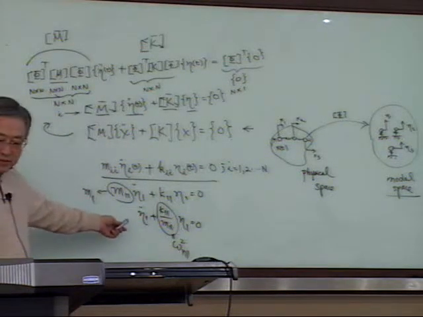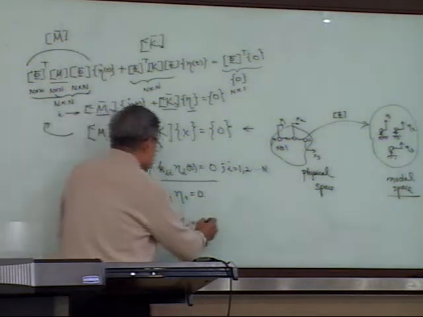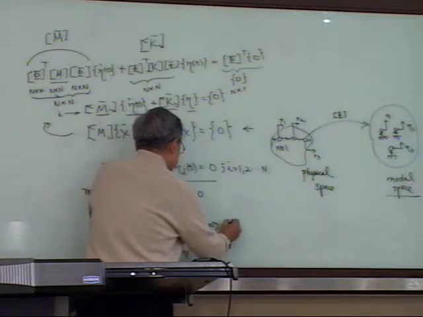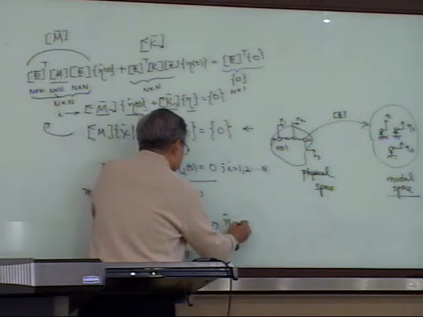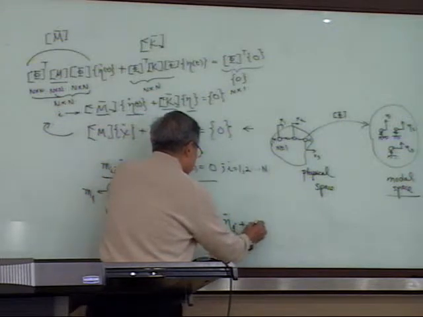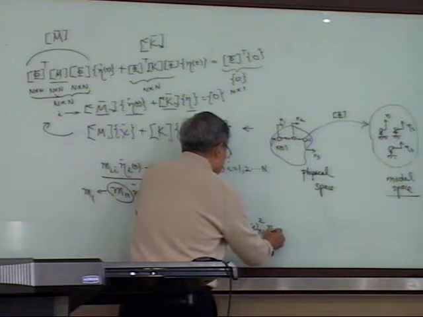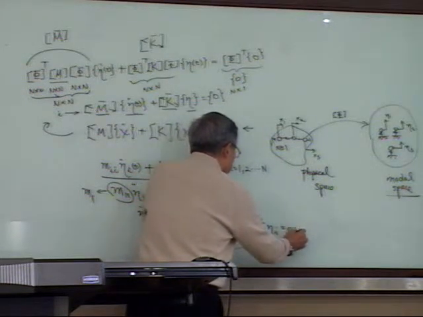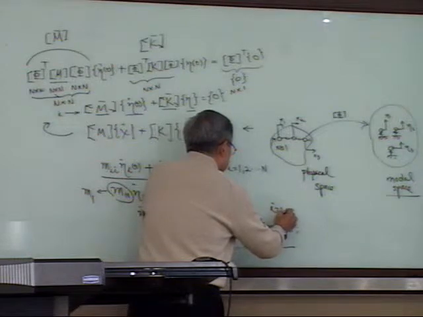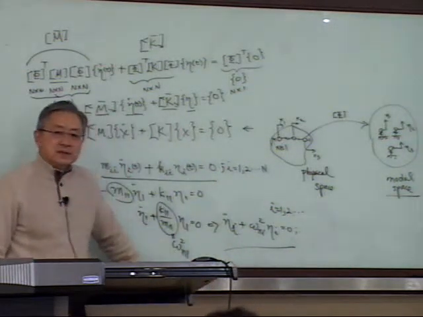So doing this here, I can write as, in general, eta_i double dot plus omega_ni square eta_i is equal to 0, over here i is equal to 1, 2, all the way through n.